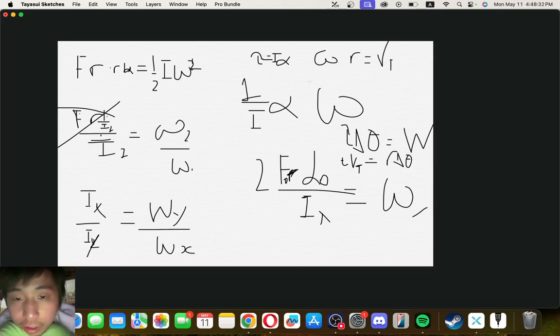So then that would mean that velocity tangent equals R theta over change in time equals R omega. Cancel those out.